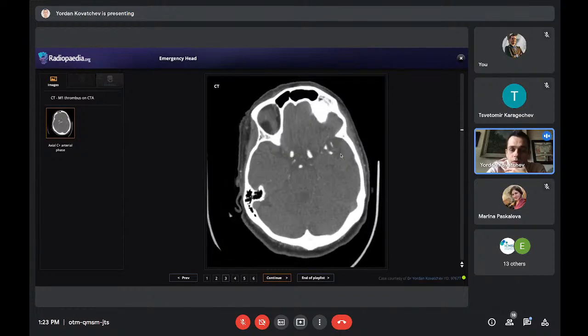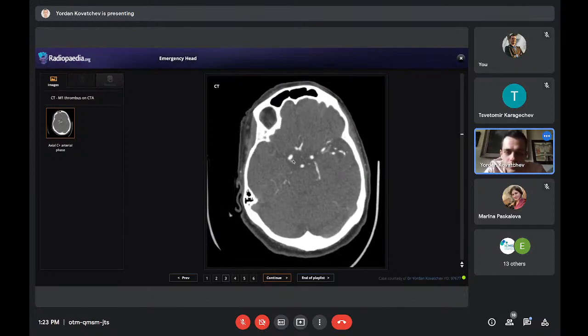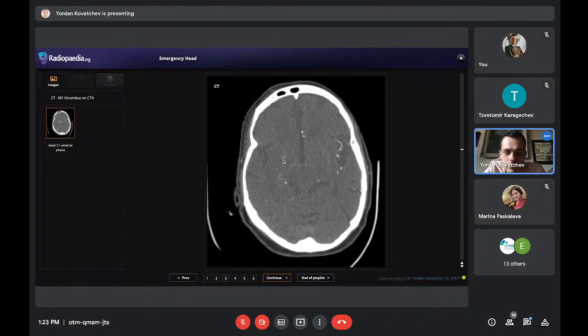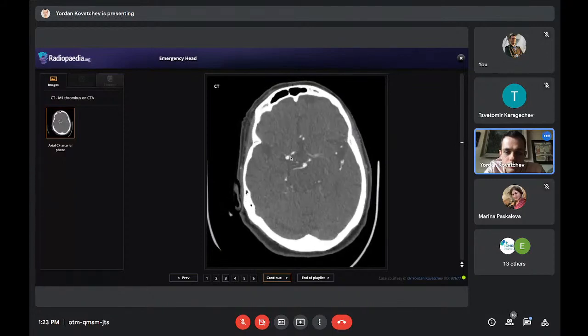They're homogeneously contrasted. But on the right side, from the internal carotid artery, it goes to the MCA, and then there is a straight cutoff. There is a filling defect, and we can't follow it anymore. This is a classical image of a thrombus on an angiogram.